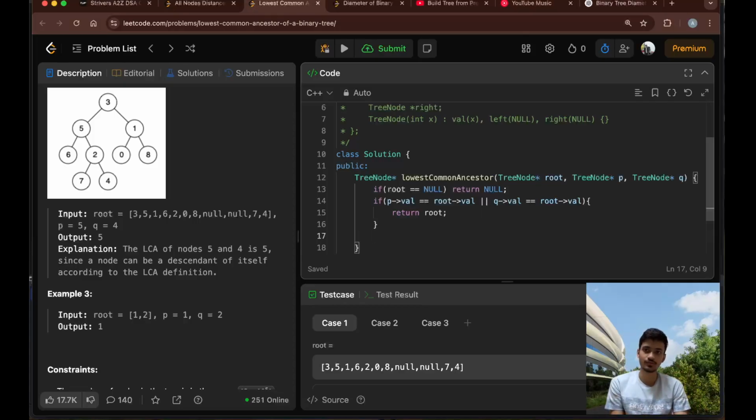First, we have the root. Then we move on to the left part. I don't care about naming because it doesn't matter much.